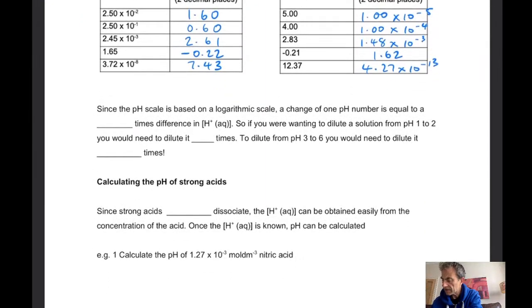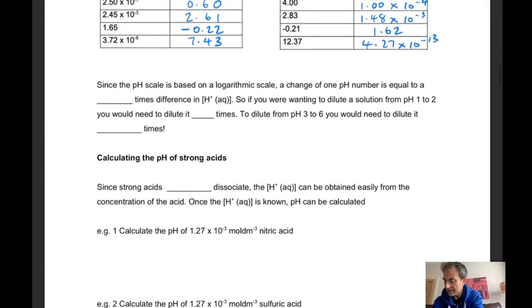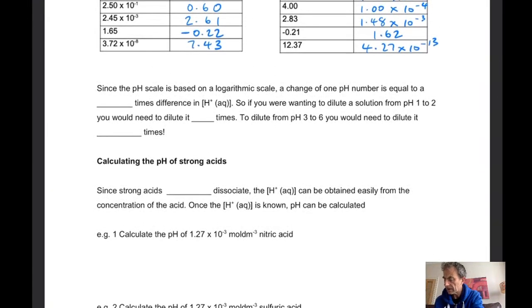Since the pH scale is based on a logarithmic scale, a change of 1 pH number is equal to a 10 times difference in H+ concentration. So if you were wanting to dilute a solution from pH 1 to 2, you would dilute it 10 times.